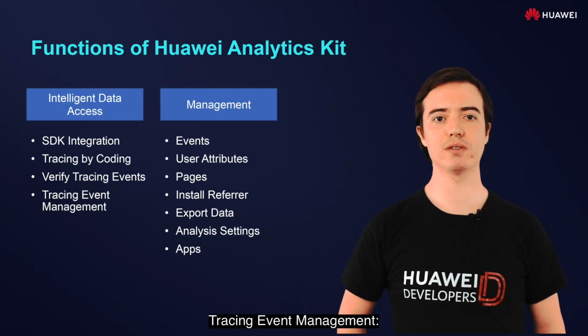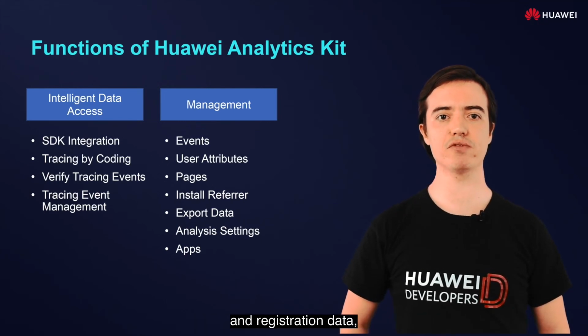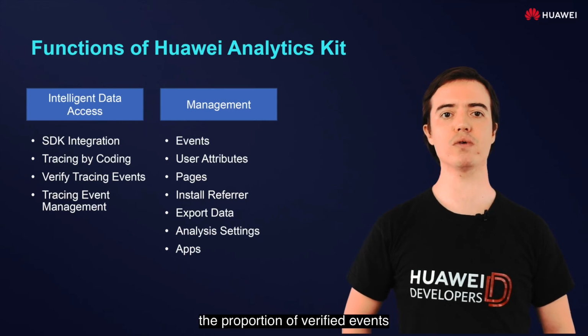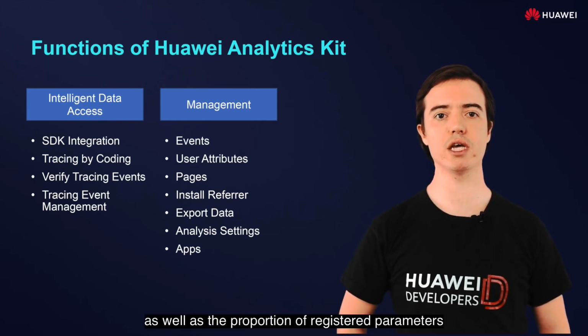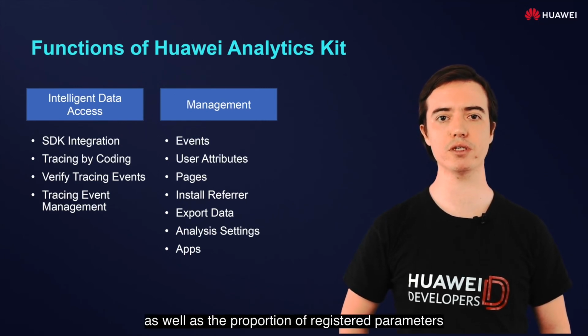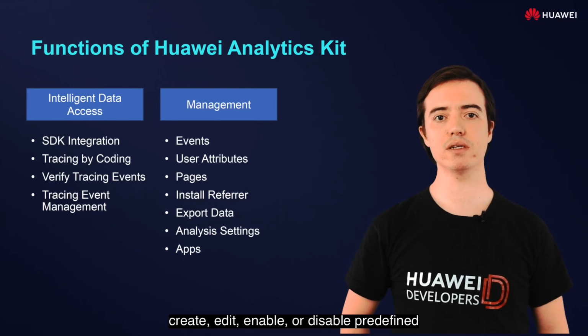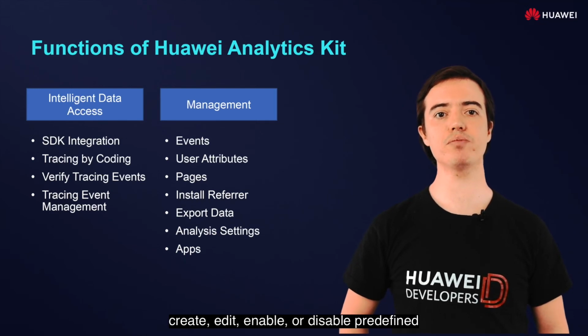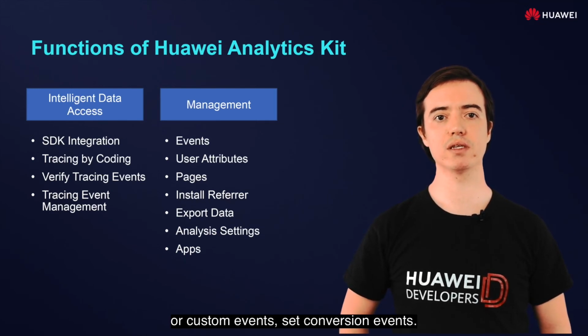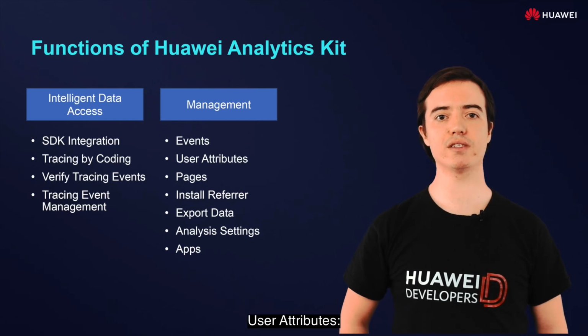Tracing event management. You can view the event verification and registration data, the proportion of verified events to the upper limit, as well as the proportion of registered parameters to the upper limit. Events. Event management supports the following operations: create, edit, enable, or disable predefined or custom events, and set conversion events. User attributes.